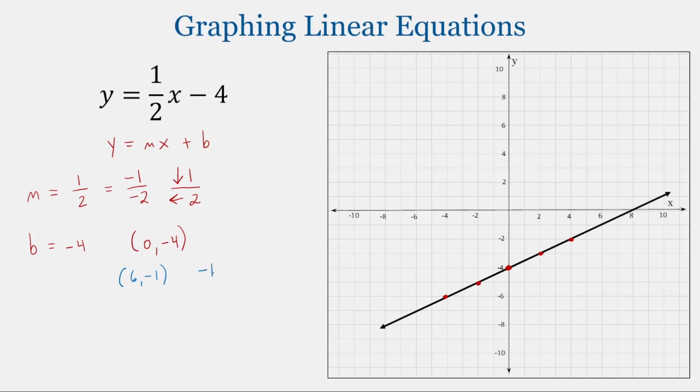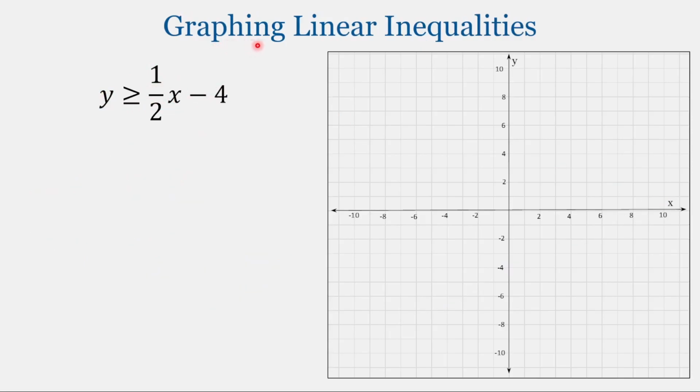So y is -1, equal to 1/2 times x, where x is 6, minus 4. This is -1 equal to 3 minus 4. -1 equal to -1. That is a true statement. Again, this line represents all the ordered pairs that will make a true statement when you plug them into this equation.